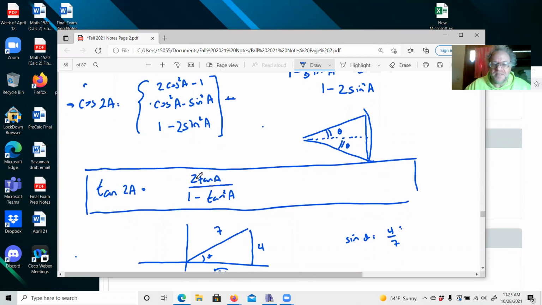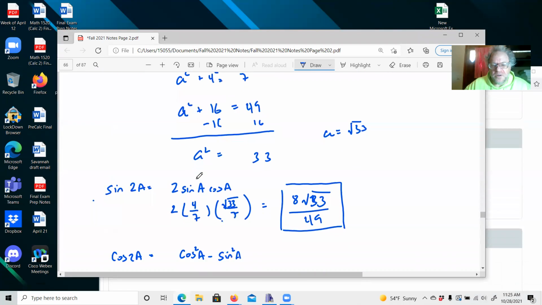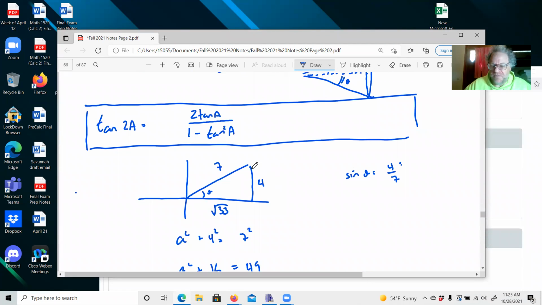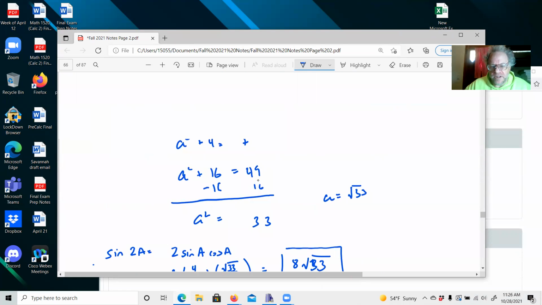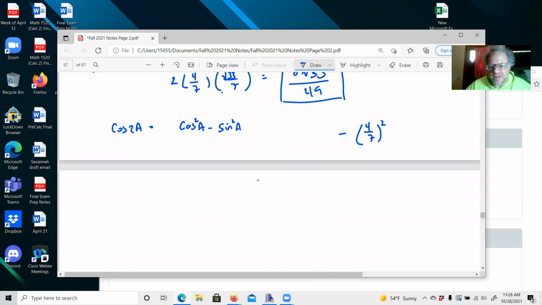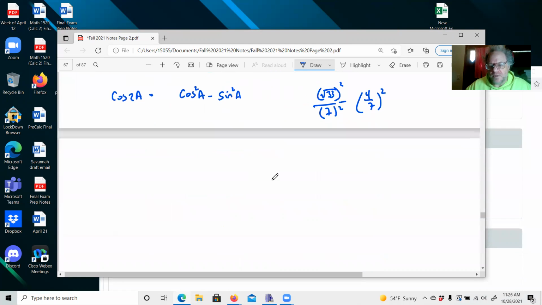That's fine. Okay, so our sine is going to be 4/7. So we're going to have 4/7 squared minus what's cosine? Cosine is square root of 33/7. So we have square root of 33 squared over 7 squared. Okay, so we're going to have 33, right?